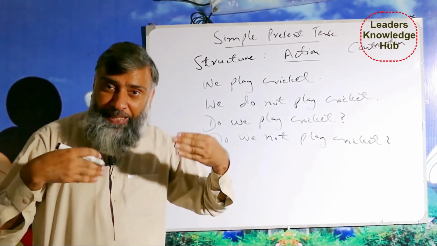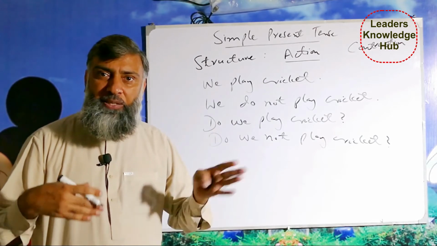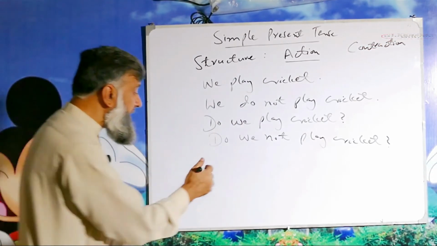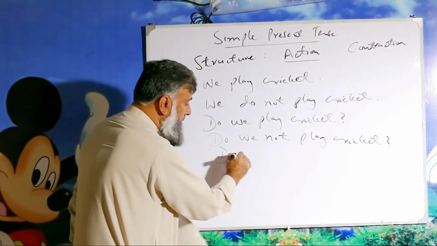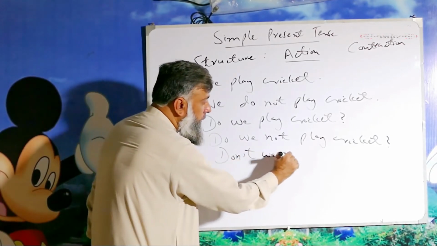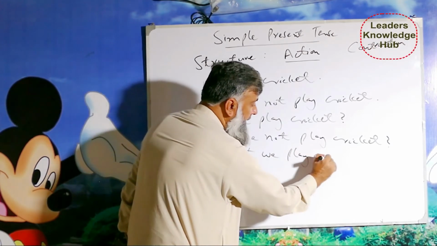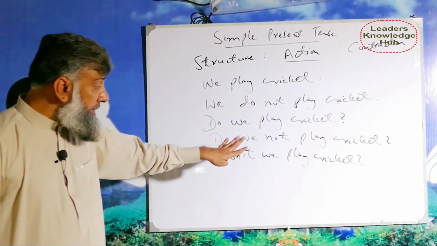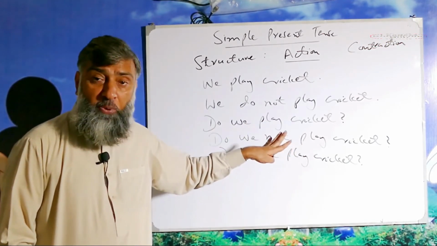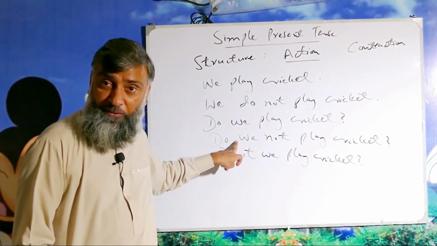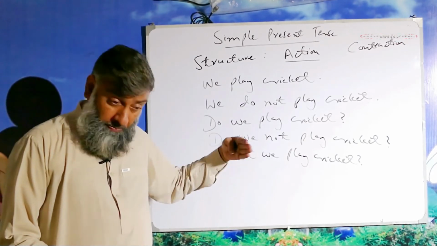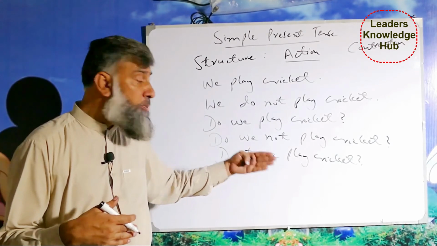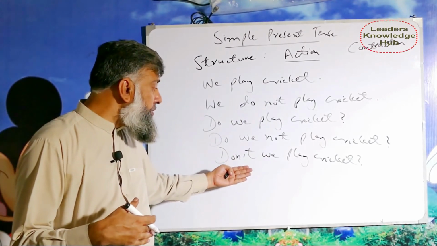But if you are speaking with someone, whether a native speaker or non-native speaker, then you need to use the contracted form, that is don't we play cricket. So what I mean to say is that in formal writing you need to use this form, but in conversation, in spoken form, you need to use this form.